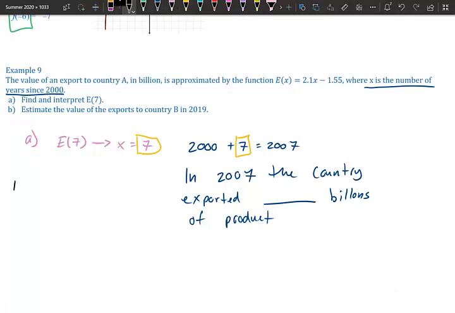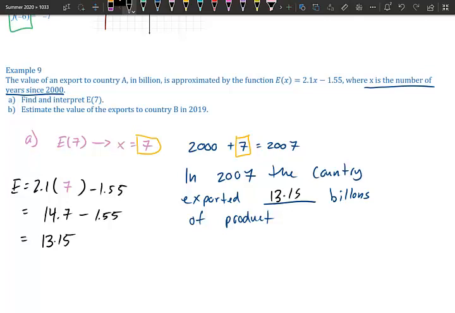So we have e equals 2.1 times 7, minus 1.55. Use your calculator. 2.1 times 7 is 14.7, minus 1.55, so we get 13.15. So 13.15 billion worth of goods. Billions, let's put dollars.